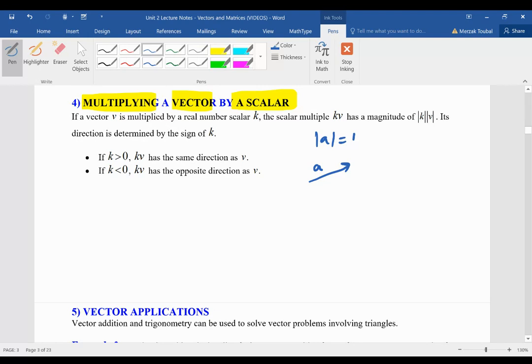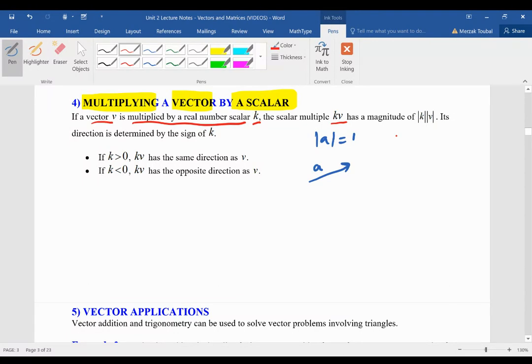Now, if I multiply this vector by 2, it becomes 2A, 2 times A. What I did is I multiplied the magnitude of this vector by 2. As you see over here, if a vector v is multiplied by a real number k, the scalar multiple k times v has a magnitude of the absolute value of k times the magnitude of v.